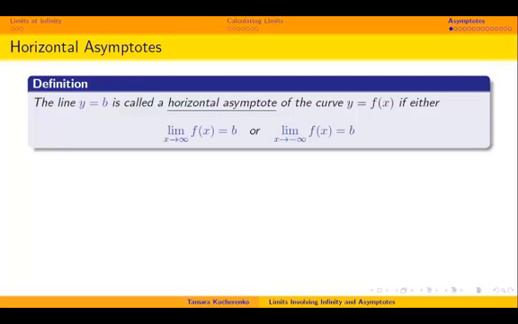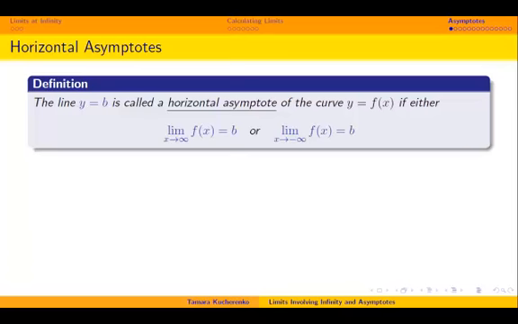The line y equals b is called a horizontal asymptote of the curve y equals f of x if either the limit of f of x at positive infinity equals b or the limit of f of x at negative infinity equals b.